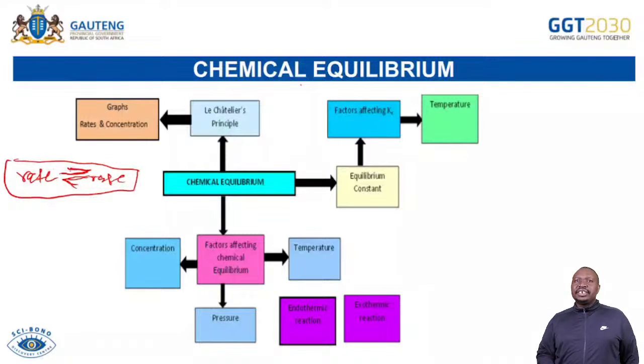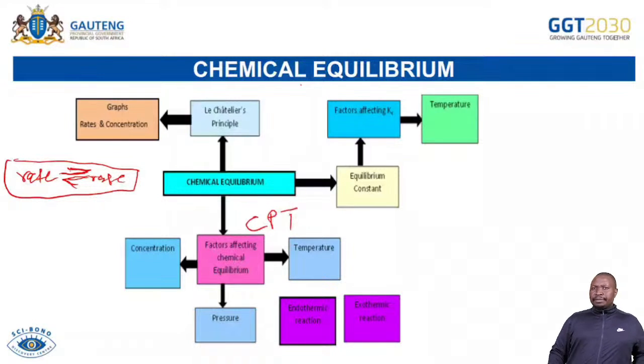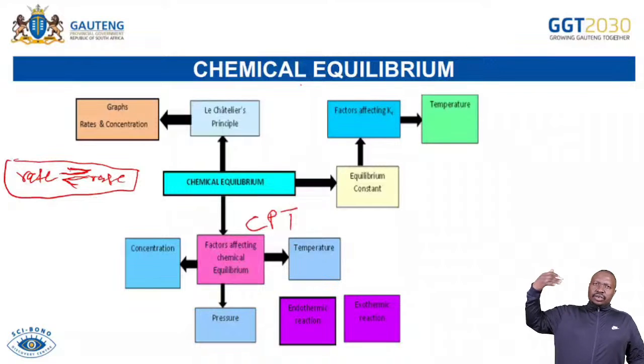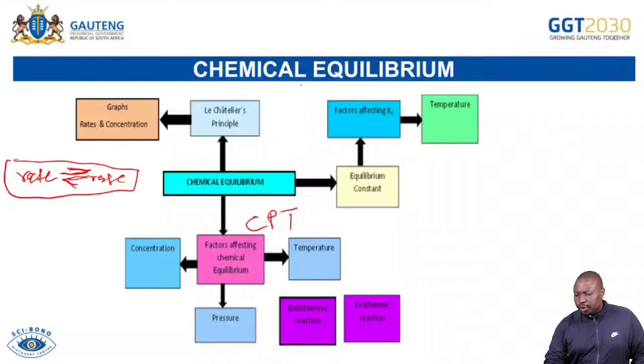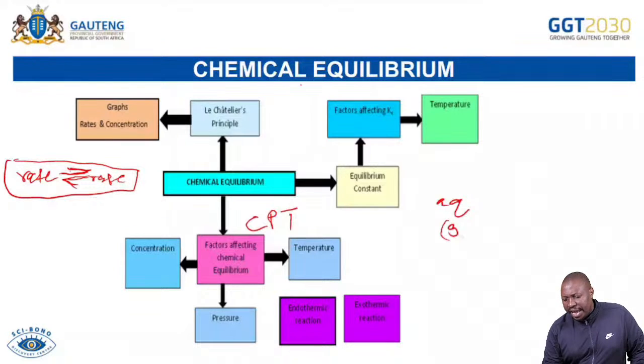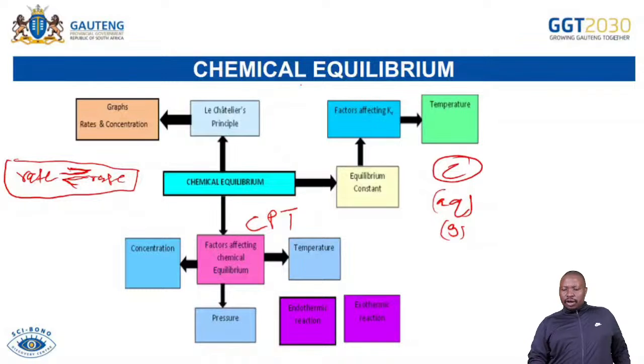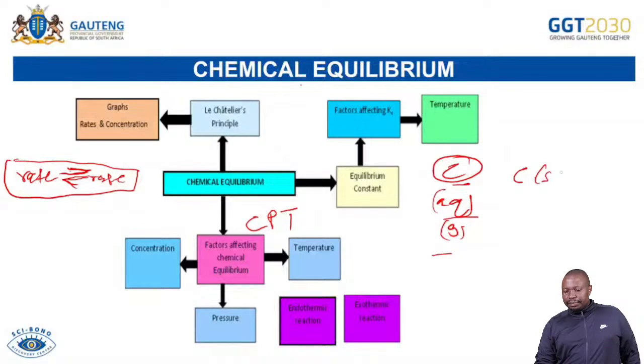The factors affecting chemical equilibrium are concentration, pressure, and temperature. Remember, concentration: we talk about concentration of aqueous solution and concentration of a gas. This is very important, my learners, for you to remember: when you talk about concentration, we're talking about aqueous solution and gas, because the concentration of solids and liquids remains the same.